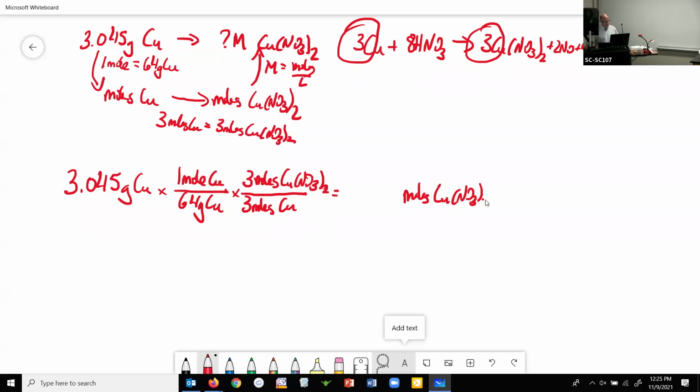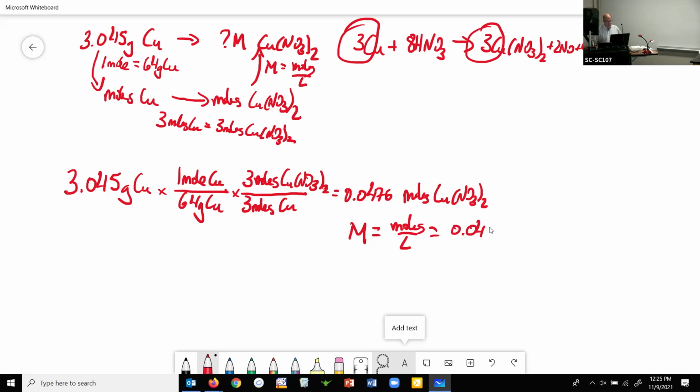So 3.045 divided by 64 times 3 divided by 3 gives 0.0476 moles of copper nitrate. Molarity equals moles divided by liters.